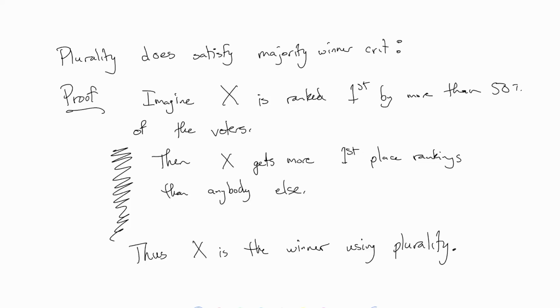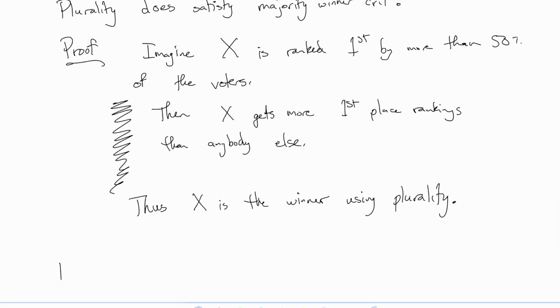All right. Can we do the same thing for the Condorcet method? I would like for you all to try this. I want you to demonstrate or explain why, in fact, the Condorcet method also does satisfy the majority winner criterion. So you do Condorcet's method.